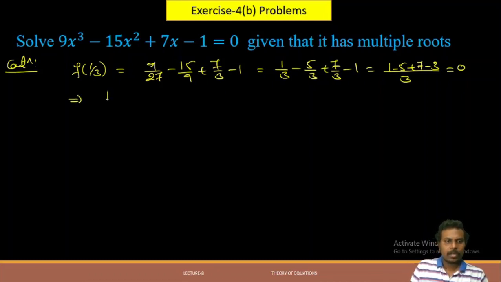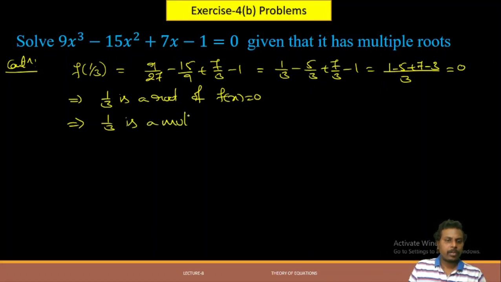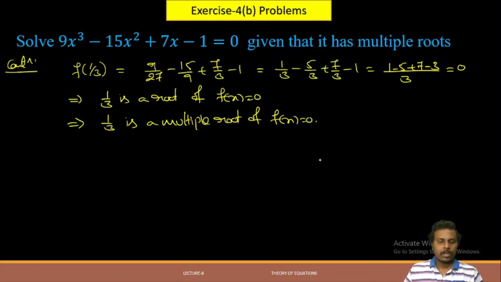This implies 1 by 3 is a root of f of x is equal to 0, which implies 1 by 3 is a multiple root of f of x is equal to 0. So let us find out the other roots of f of x is equal to 0. Let us do the Horner synthetic division.